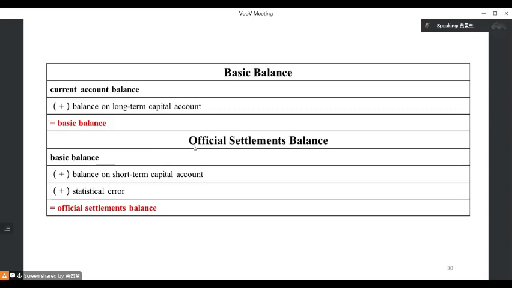Let's see official settlement balance. Basic balance plus balance on short-term capital account plus statistical error equals official settlement balance.